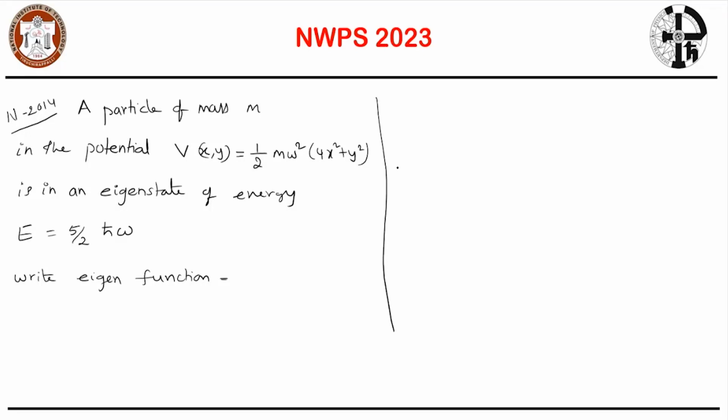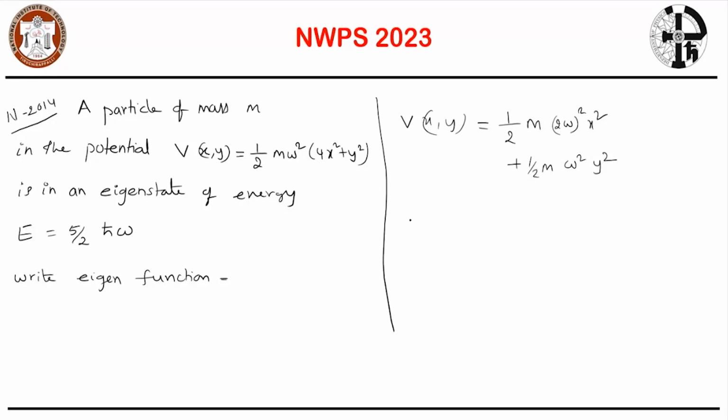So please notice first V(x,y) is a 2-dimensional harmonic oscillator. And if you write it carefully, this is one oscillator in the x direction, which has a frequency 2ω, plus ½mω²y², the second oscillator, which has frequency ω. So there are different frequencies.